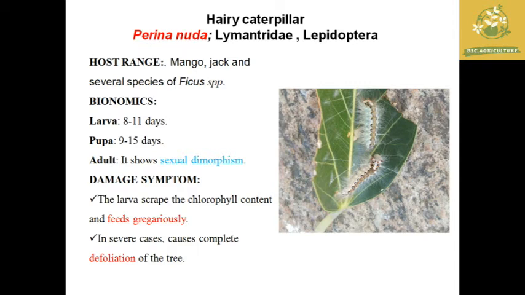The host range is varied, including mango, jack and several Ficus species. In the bionomics, the larval period is around 8 to 11 days and the pupal period is 9 to 15 days, and the adult shows sexual dimorphism, where male and female look different. For the damage symptoms, the larva scrapes the chlorophyll content and feeds gregariously on the affected plants. Complete defoliation of trees can be found in the most severe cases.